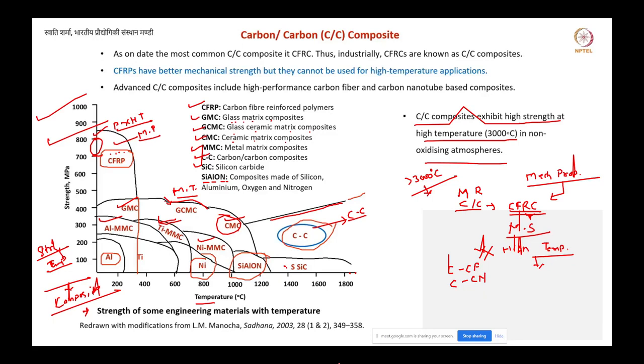For the composites, what methods do you usually opt for? Hydrothermal, also sol-gel, and sonochemical. These few methods we use. CVD also? Yes. So what happens in the sonochemical technique?